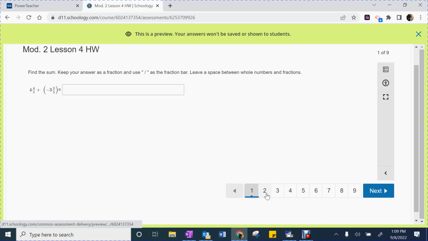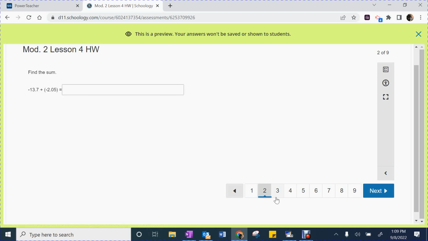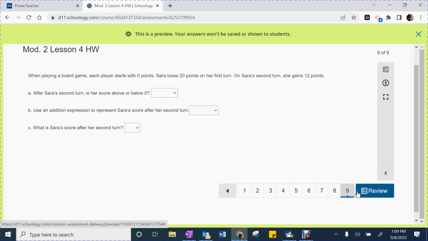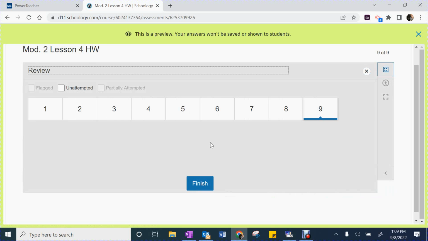When you're done typing in your response, you just click ahead. You can either click the number or you can click next, and you again type in your responses all the way until you get to the end. When you get to your last question, you click finish. That will submit your response.